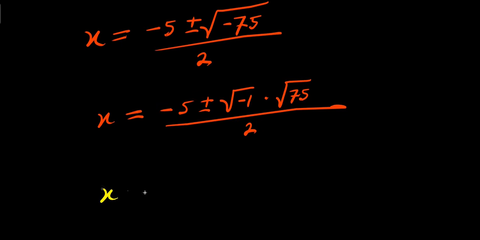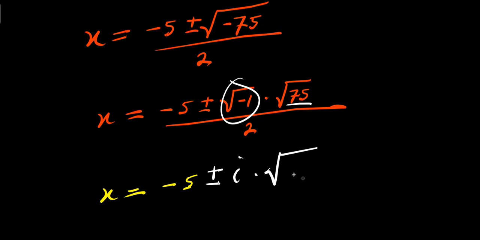So from here we have x equals negative 5 plus or minus, this is square root of negative 1, that is i, times square root of 75. We can express it as 25 times 3, divided by 2.